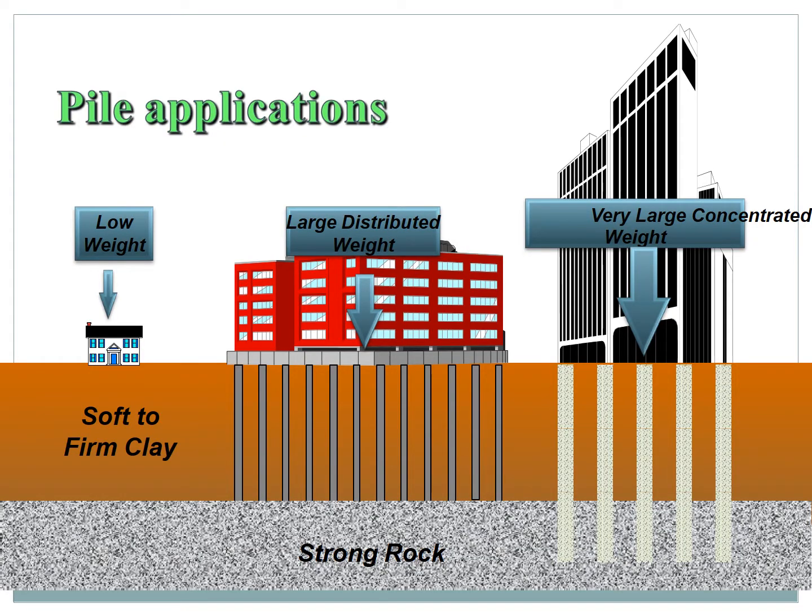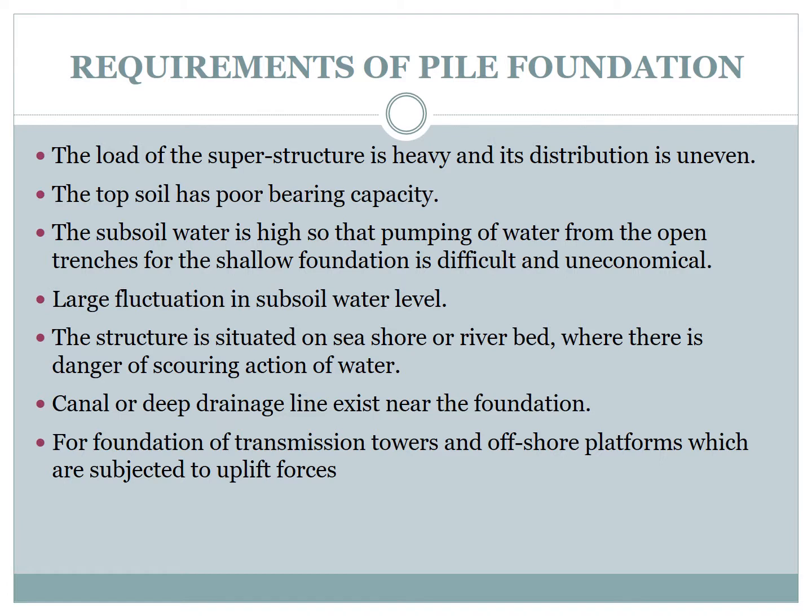As I told you earlier, the pile foundation is used when the structural load is very heavy or very large. It is also used when the surface soil is unstable for shallow foundation and a firm stratum is so deep. Next, the requirement and necessity of pile foundation.